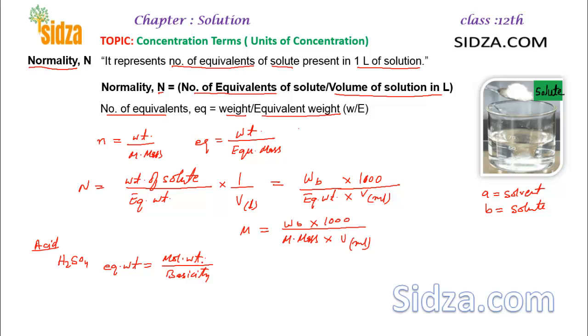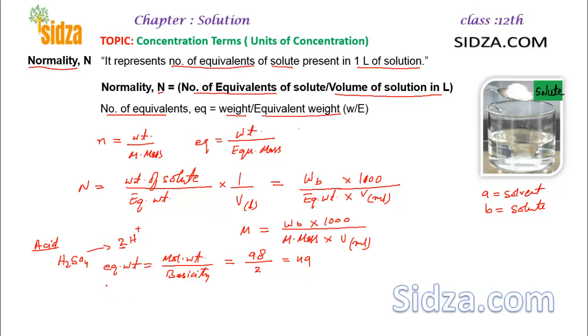For H2SO4, the molecular mass is 98, divided by 2. Why? Because one H2SO4 molecule can produce 2 H plus ions. So the basicity of this acid is 2. Hence its equivalent weight will be 49.